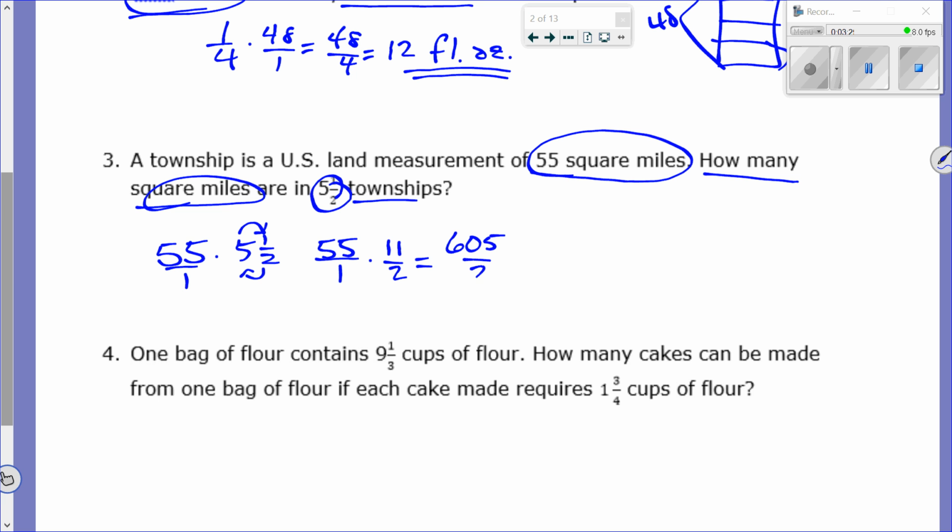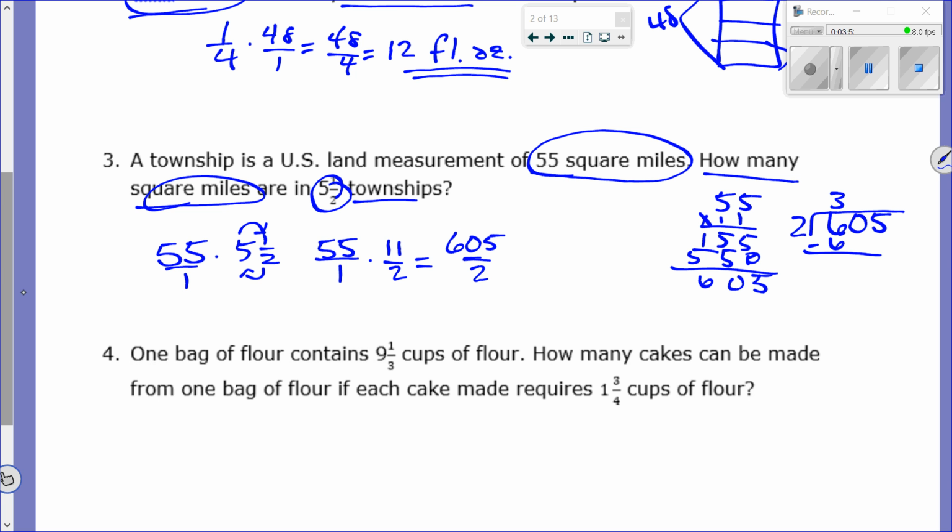1 times 2 is 2. For those that don't see that, 55 times 11, it's going to be 55, 0, 55, 5, 10, 1, 6. Then actually do the division. 605 now being divided by 2. That's going to go 3 times.